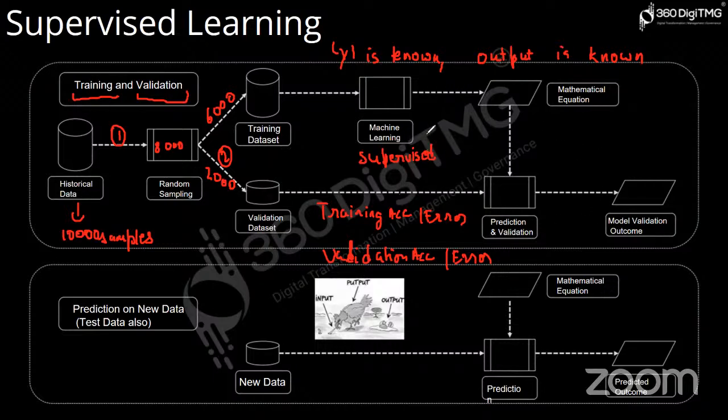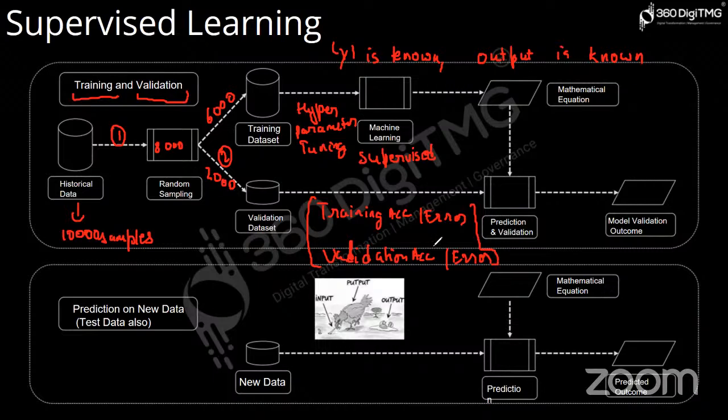But before doing that, we use hyperparameter tuning. Using hyperparameter tuning, we try to improve our model. And then we go back and repeat this step again up until the point where your validation accuracy is also good.